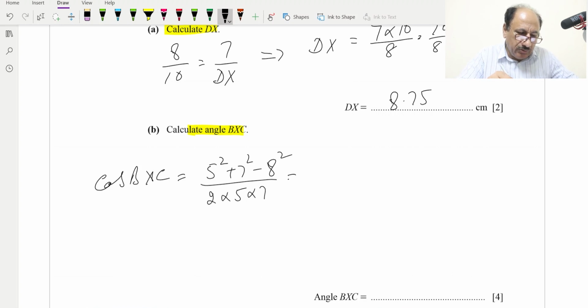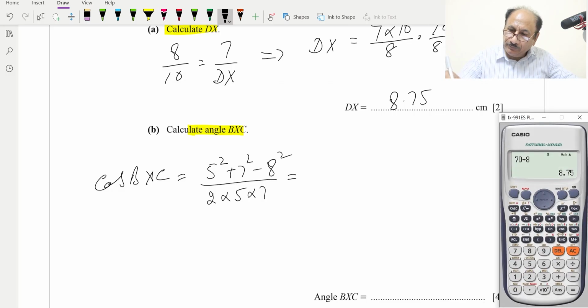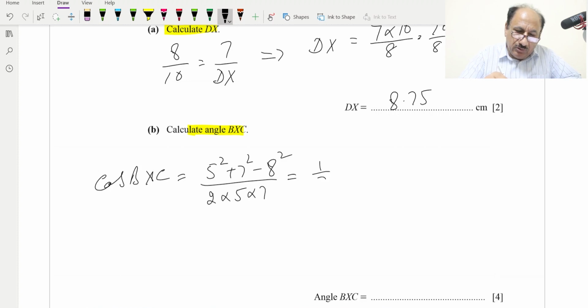And this will be equal to what? We can calculate this. This will be a fraction, 5 squared plus 7 squared minus 8 squared divided by 2 into 5 into 7, and this will be equal to 1 over 7.